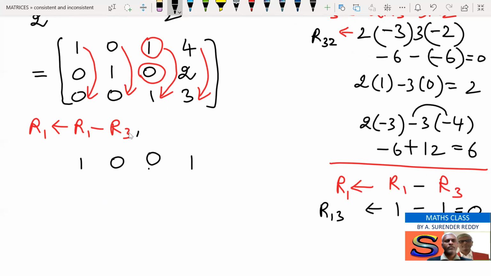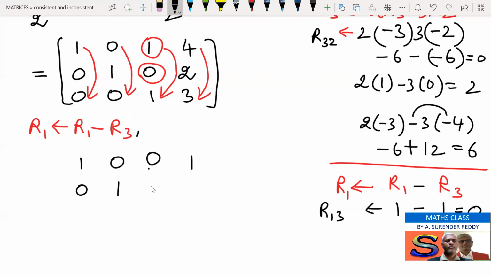Next, for the second row, 0 is already there. If it is not 0, we have to convert it into 0 by applying a row transformation and finding a formula. But since it is already 0, write it as it is, no change.